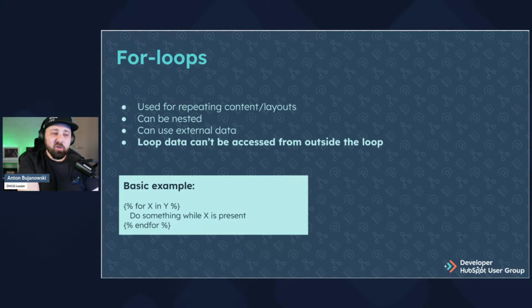It can also use external data, but very important, loop data can't be accessed from outside the loop. So everything you want to access from the loop must be written inside the loop.